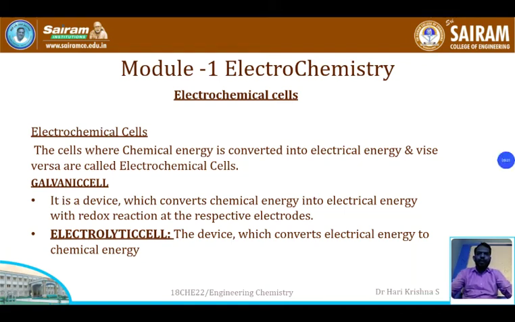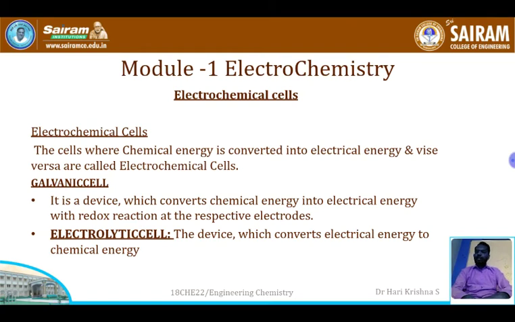Good morning. We are discussing our second module, electrochemistry, that is electrochemical cells and energy storage systems. To start with, what is electrochemistry? Electrochemistry is a separate branch of chemistry which deals with electrons. In that, we are majorly going to deal with electrochemical cells.